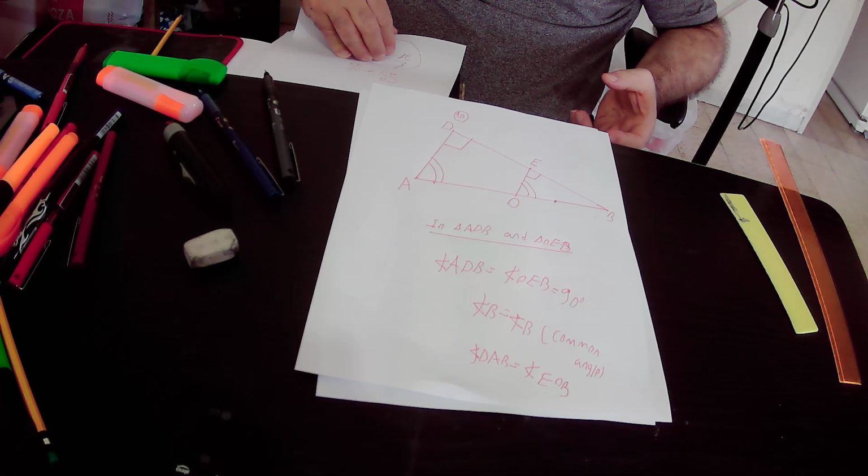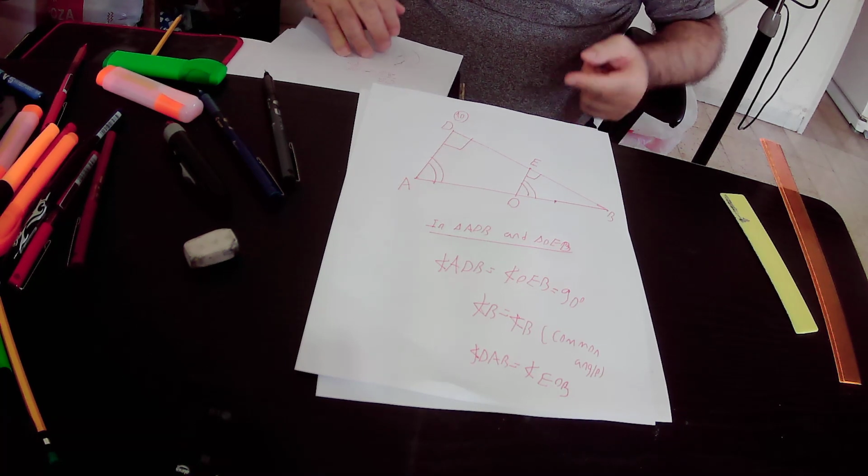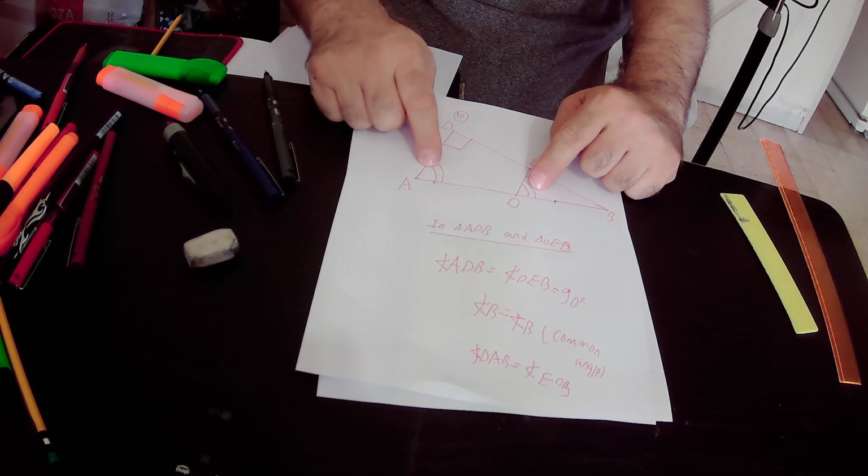That is, the sum of the angles equals 180 degrees in any triangle. Okay, so the third pair of angles must also be equal to each other.